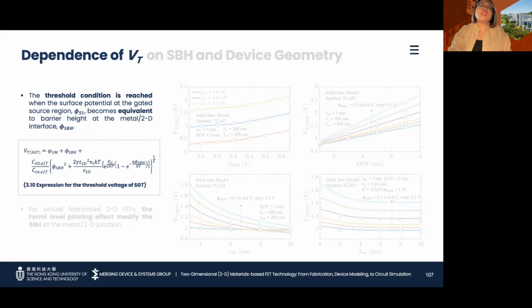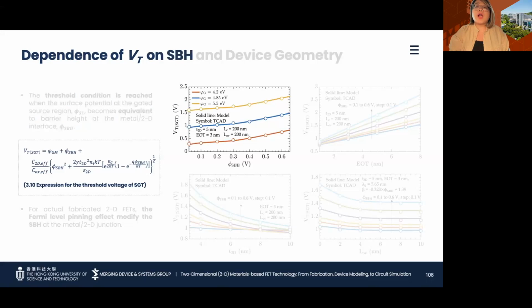So from the given expression, the dependence of the threshold voltage on the barrier height at the metal 2D junction and the device geometry become more apparent. When the barrier height formed at the metal 2D junction is high, the threshold voltage is also large because a high gate voltage is needed to promote tunneling at the gated source.